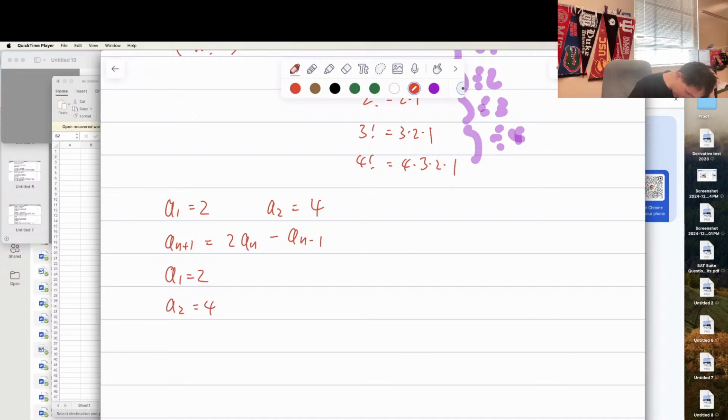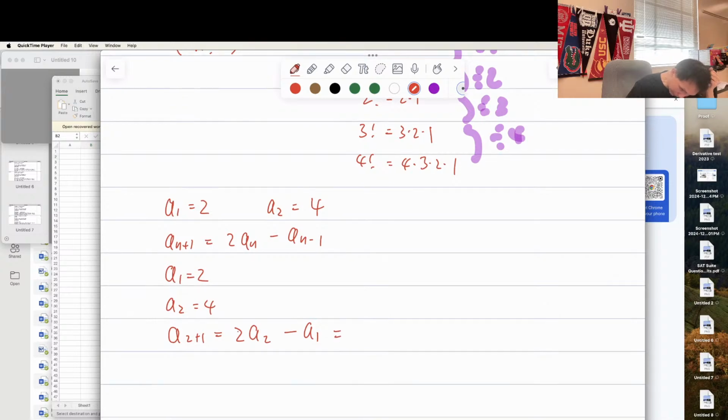Now if you want to get the third term, it's a_(2+1). So it'll be 2a_2 minus a_1, which is 2 times 4 minus 2, equal to 6. Can you tell me what the third term and fourth term are?